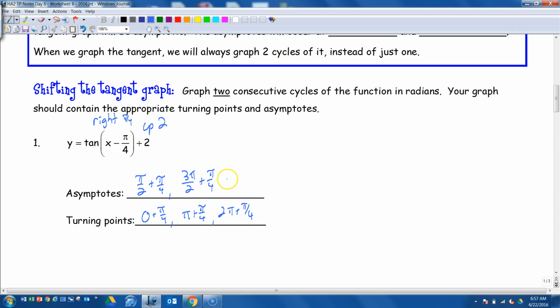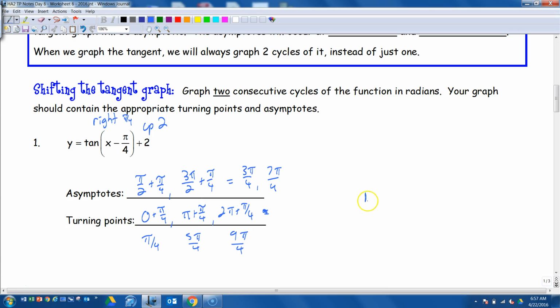So what do we get when we do that? We get 3 pi over 4 and 7 pi over 4 for our asymptotes. And for the turning points we get pi over 4, 5 pi over 4, and 9 pi over 4, which means the graph is going to start at pi over 4 and end at 9 pi over 4.